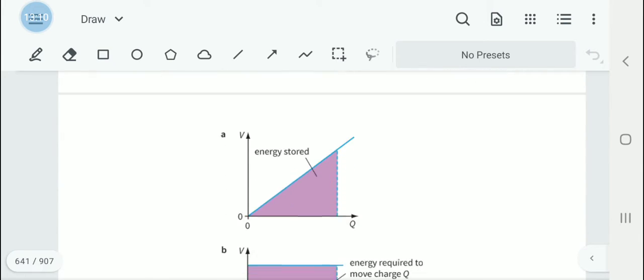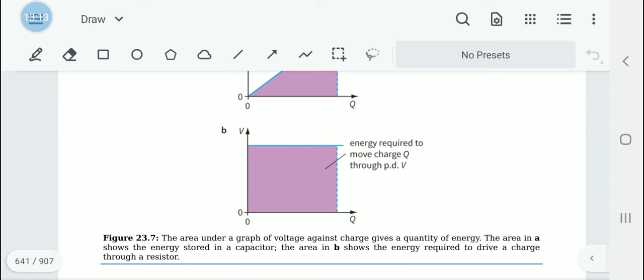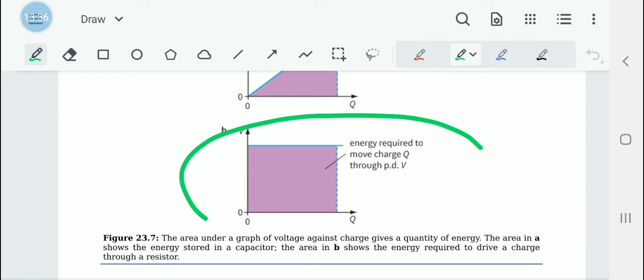Leave a line and write. When a charge Q is driven through a potential difference of V, the work done is shown by the graph below, and please draw this graph.